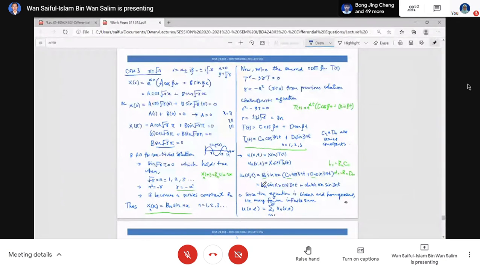So I replace the product of these two with a new b sub n: b sub n sine nx cosine 3nt, plus b sub n times d sub n, which is another series constant, so I replace that with b sub n sine nx times sine 3nt. That is my u x of t.